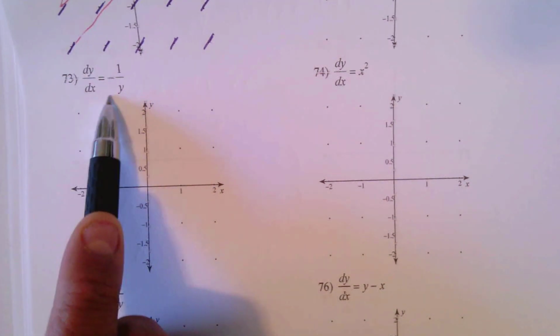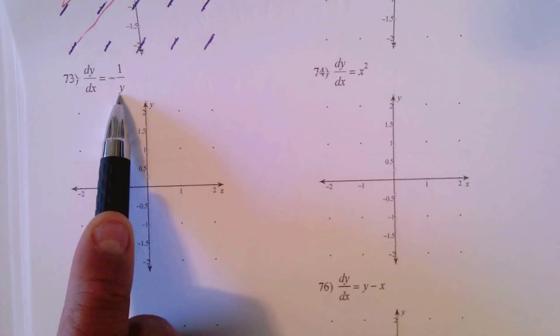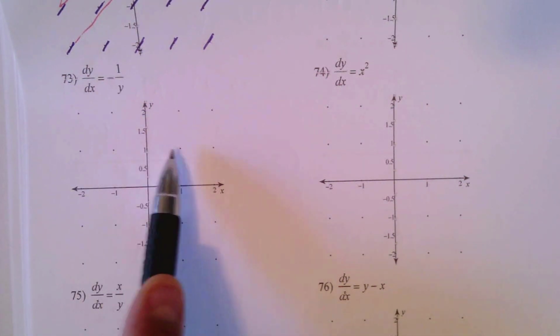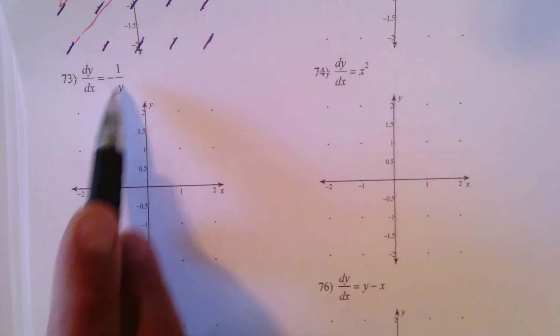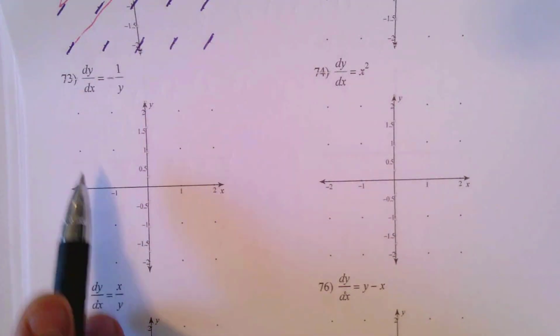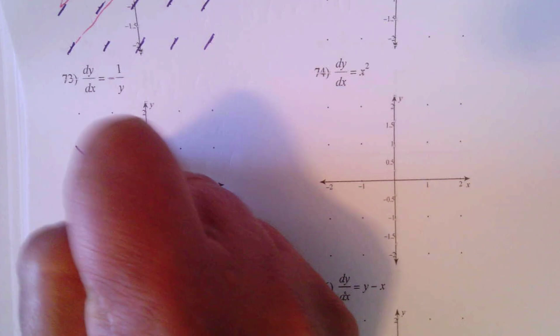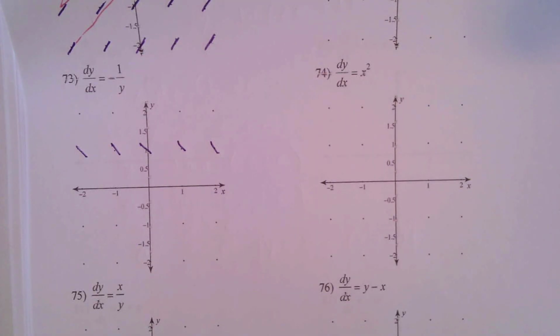Now, since this only depends on y, pick another y value, like y equals 1. What would the slope be if the y value is always 1? Well, you put 1 into this formula, and it's telling you that the slope would be -1 over 1, which would be a slope of -1. So you make slopes here, all across here, with a slope of -1.